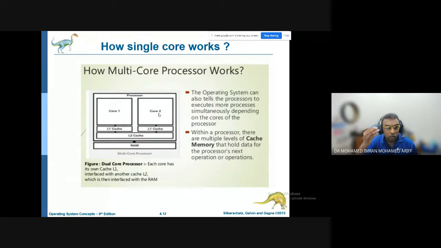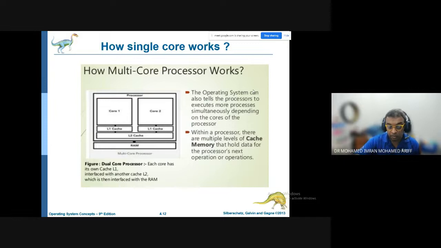But now you can run two processes at one point of time, divided into several cores. So this is a dual core. If you have 3, 4, 5, 6, 7, 8 cores, then you can run multiple processes at one given point of time.